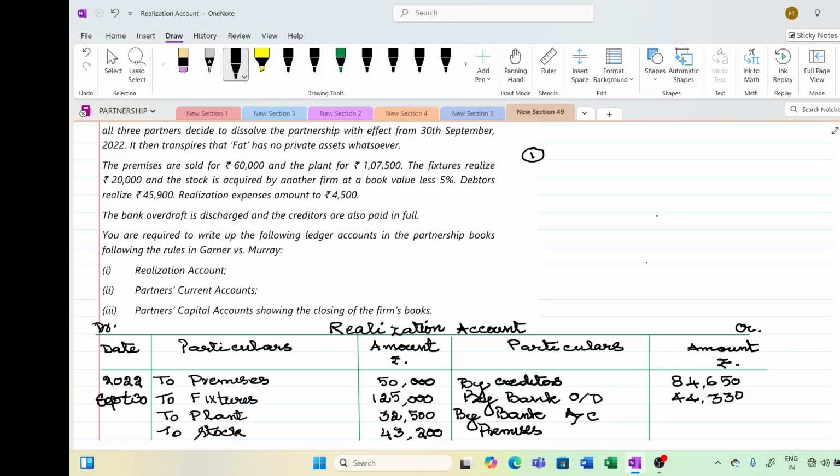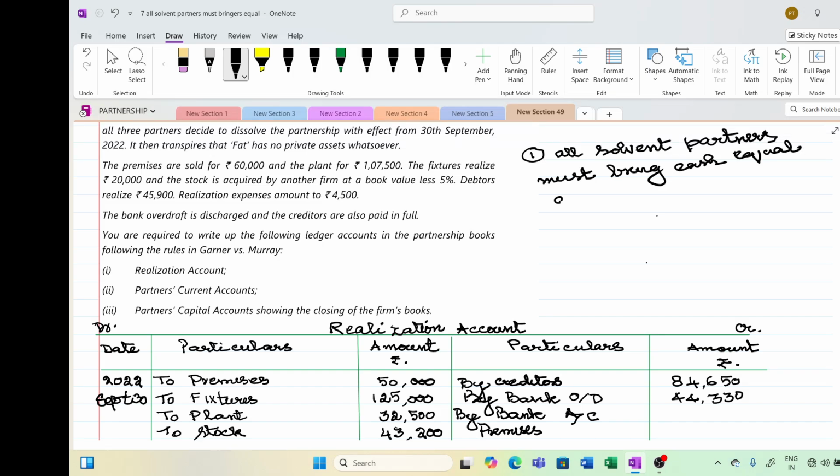First thing, they say that all solvent partners must bring cash equal to the amount of realization loss.